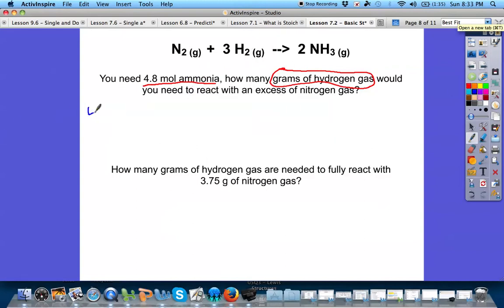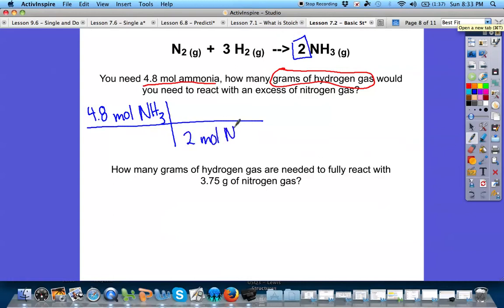So 4.8 moles of NH3 is what we're starting with. And so we need to look in our chemical equation. We have 2 moles of NH3.